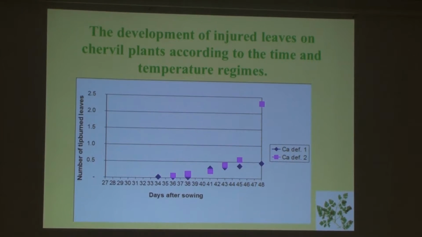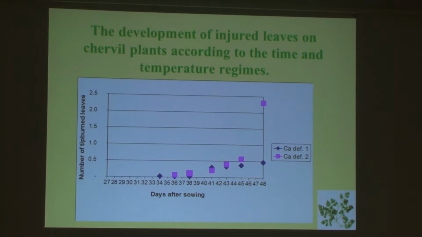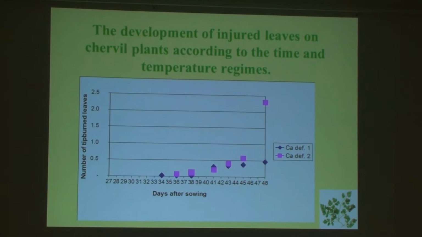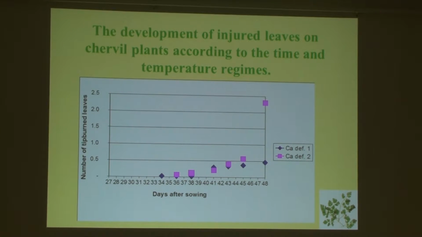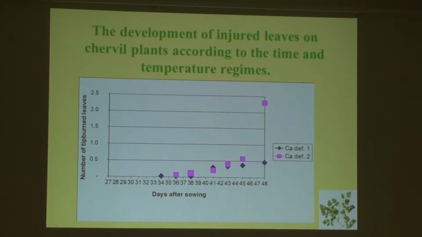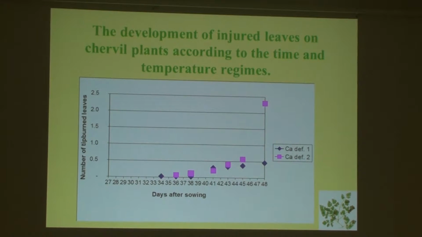And you can see here the first regime, which was negative DIF, shows the decreased number of injured leaves on chervil plants at the end of the experiment, and the second treatment, which was positive DIF, shows quite a high number of injured leaves on chervil plants.